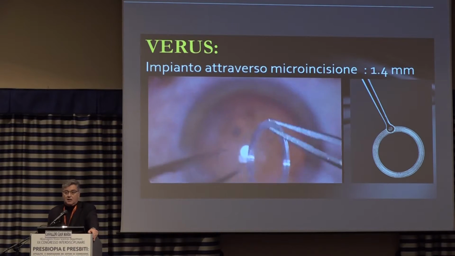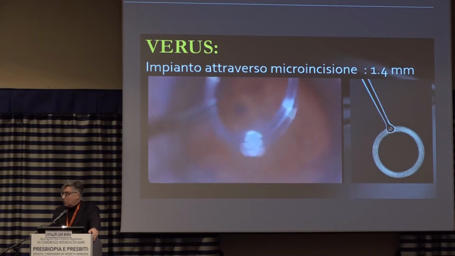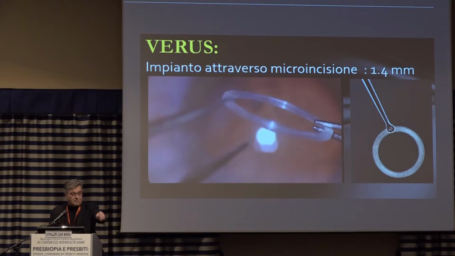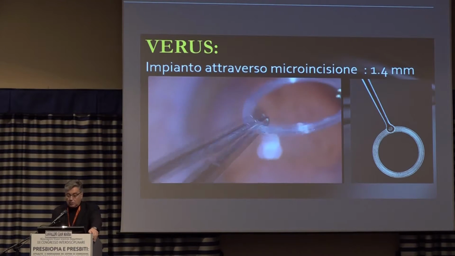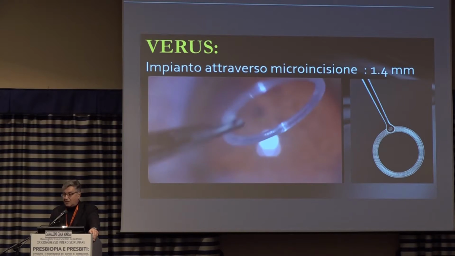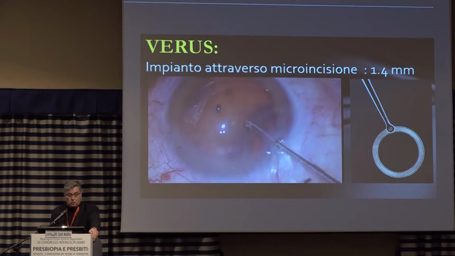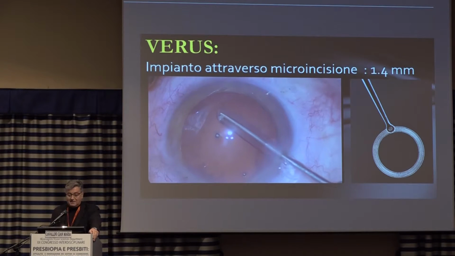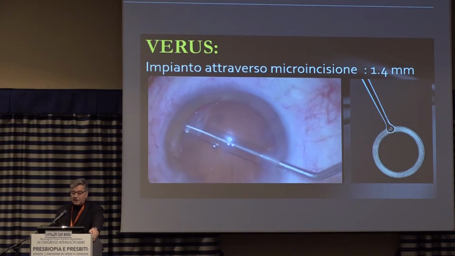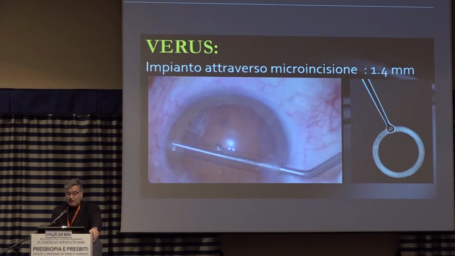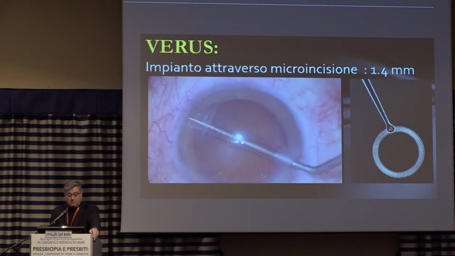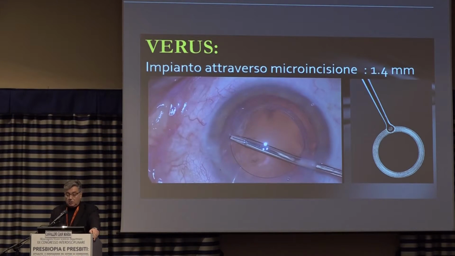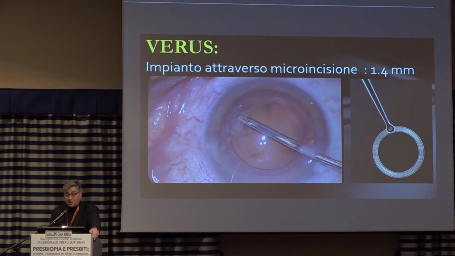More recently, I started using this ring. It's called Verus. It's a silicone ring. It sort of guides you through the manual capsulorhexis. You introduce it in the incisions. You use a push and pull type of forceps, but you can also use other hooks.